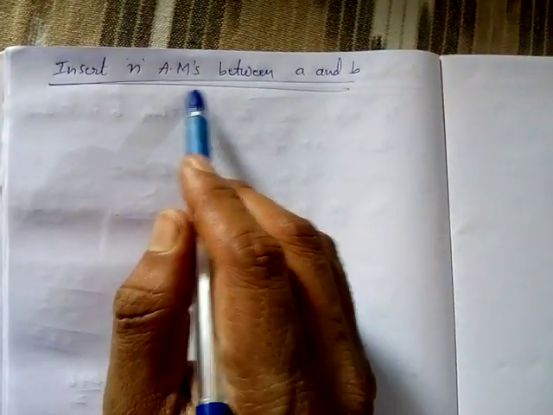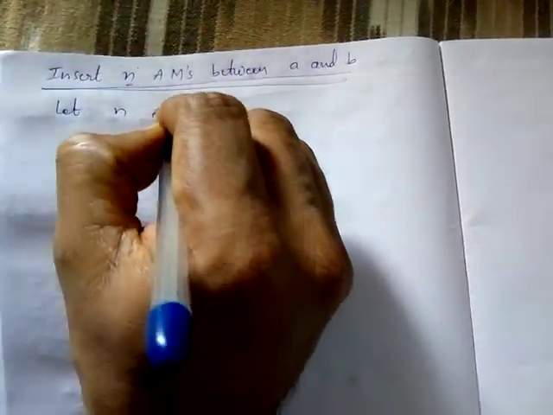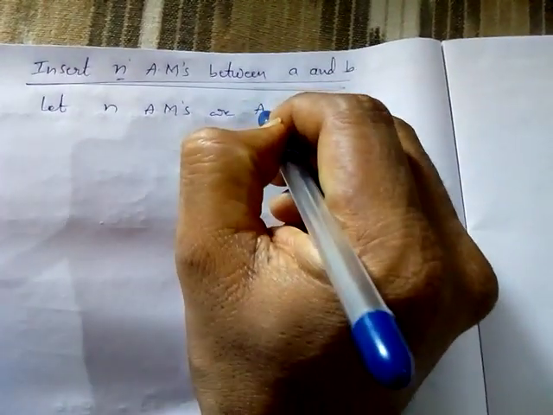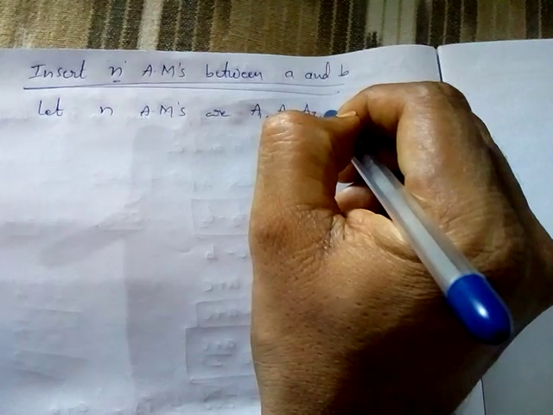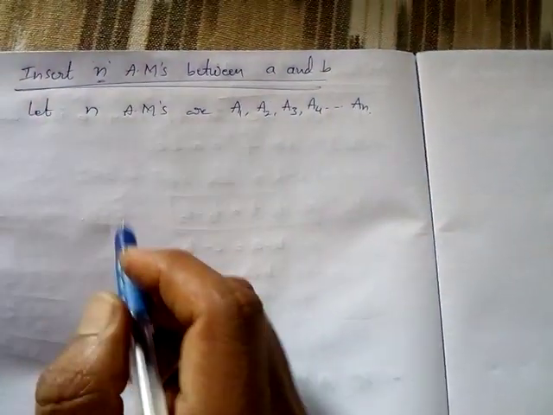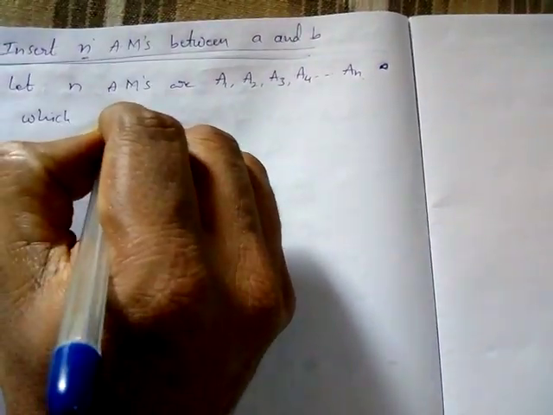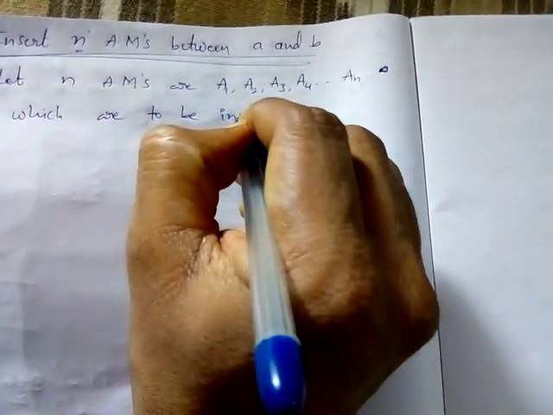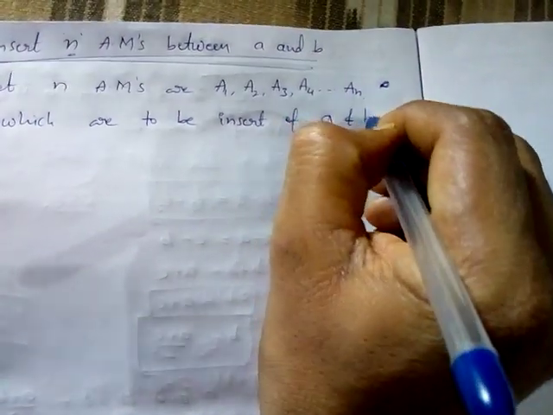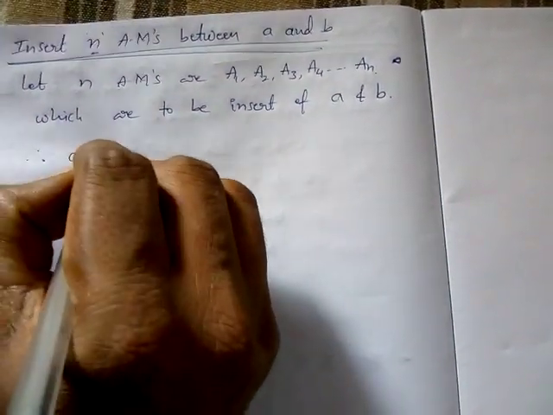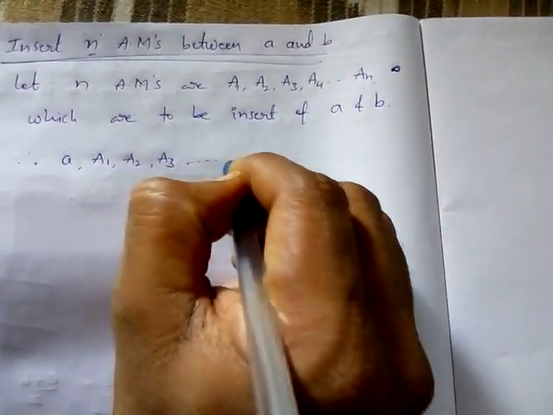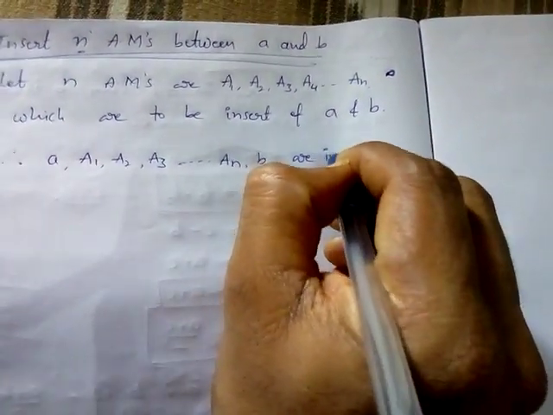Next one: insert n arithmetic means between A and B. Let the n arithmetic means be A1, A2, A3, and so on. These arithmetic means lie between A and B, which are to be inserted between A and B. So therefore A, A1, A2, A3, and so on up to An, B are in AP.